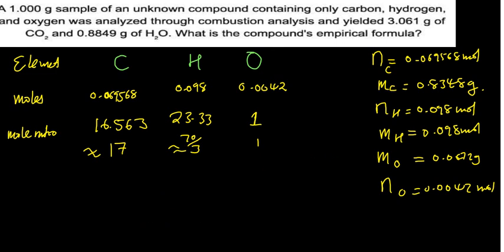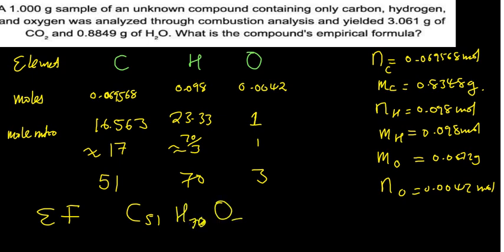Then now you can multiply everything by 3 that you can see there. 17 multiplied by 3, that is 51. Yes? Okay, 51. This is 70, and then this will be 3. So empirical formula in this case is C51, and then H70, and then O3.